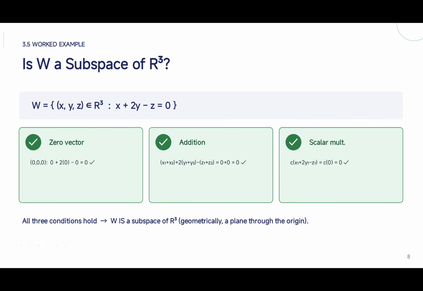Second, closure under addition. Take two arbitrary vectors from W that both satisfy the equation. Add them component-wise, and the sum still satisfies it. Third is scalar multiplication, same idea, and what's left is still 0. So all three pass, so W is a subspace, and geometrically, this is exactly a plane through the origin.